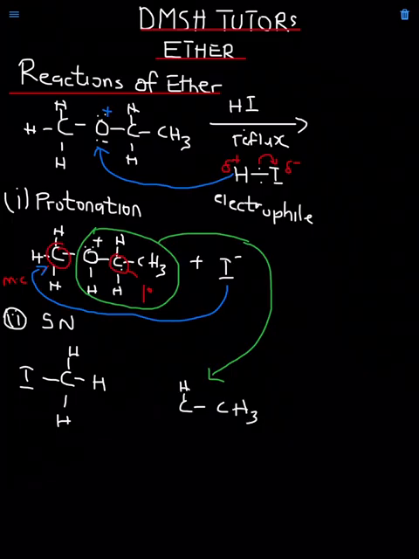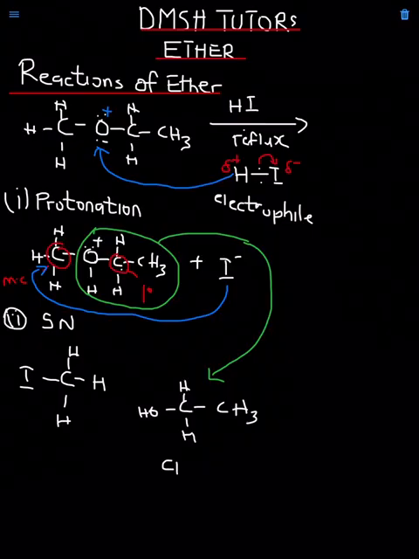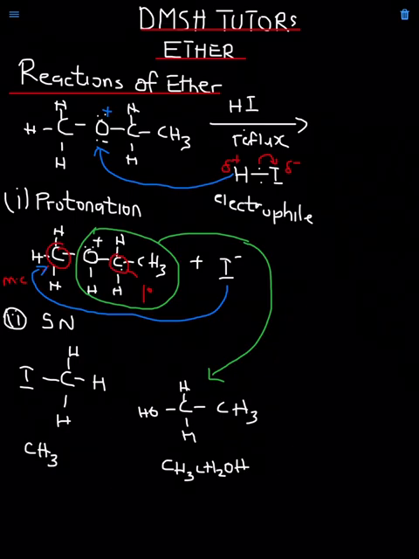Then, this is just like writing CH3 CH2 OH. So this is methyl iodide, and this is ethanol.